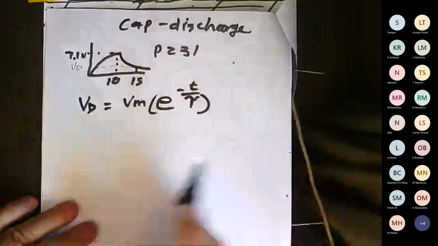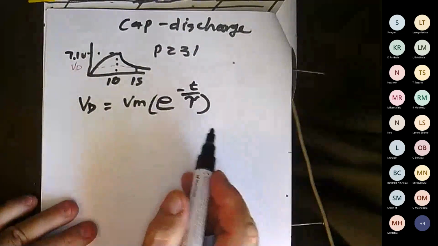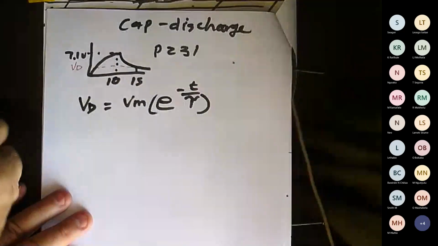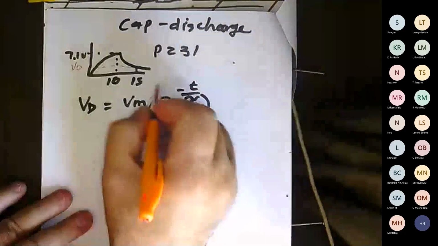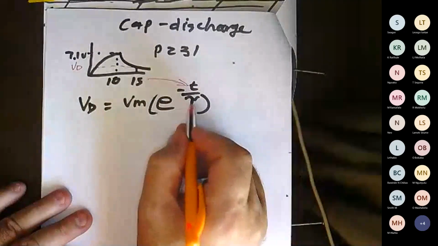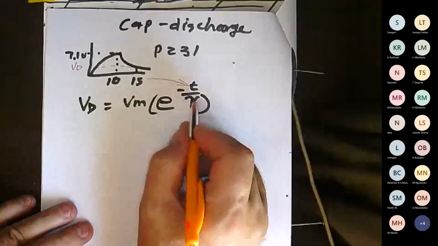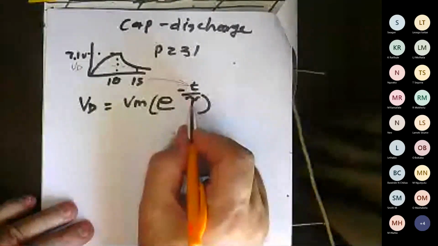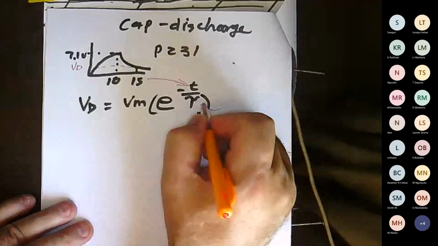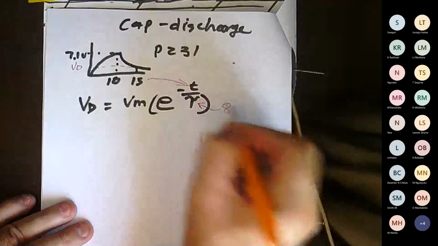It's very simple. It doesn't have that 1 minus anymore. My time is now 15 seconds, so I put 15 in the time there. My tau, the time constant, remember that's still 8 seconds, so I put an 8 in there.